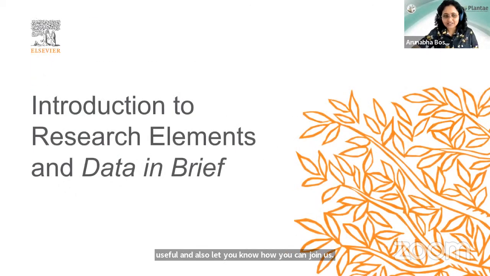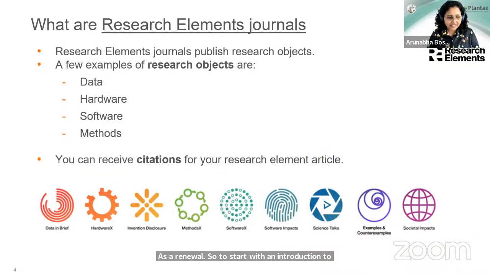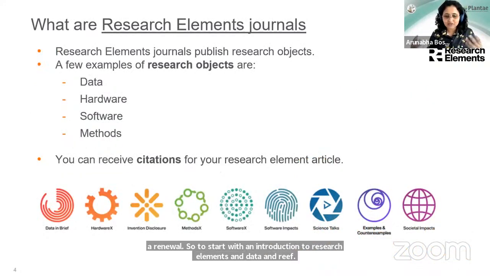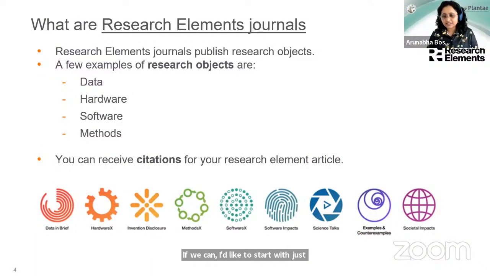So to start with an introduction to research elements and Data in Brief, I'd like to start with just imagining how you would start a research project. First you do an entire literature survey, you do a review, you see what topic you actually want to focus on, and then you build a hypothesis based on that review.